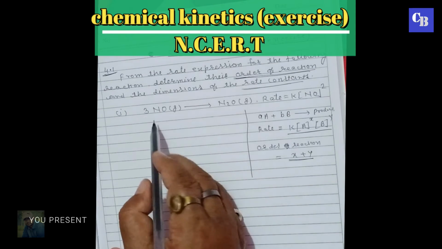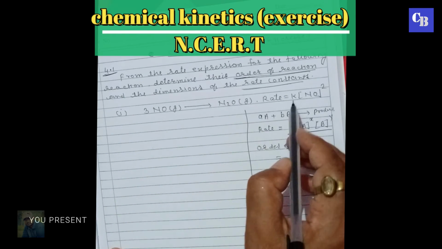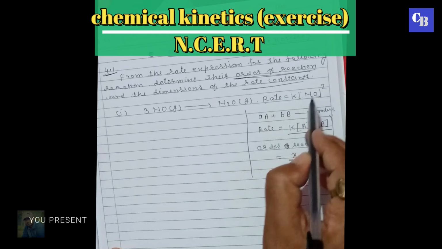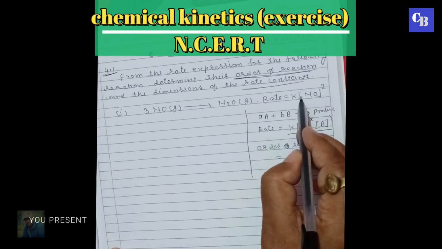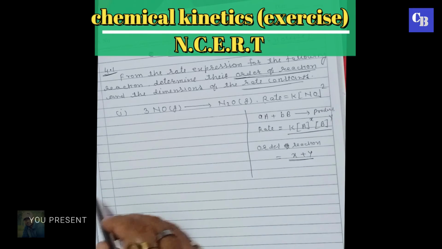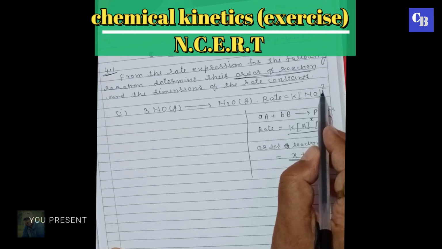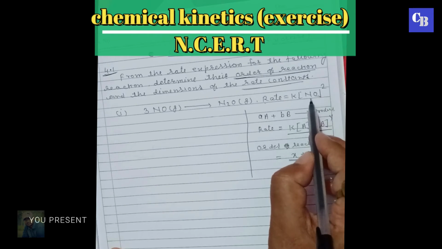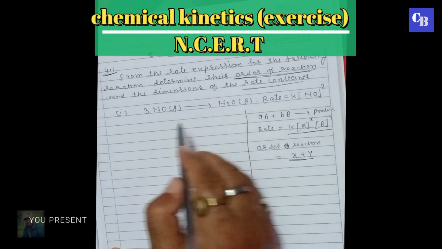So here you see that for this equation the rate expression is given: rate equal to k into concentration of nitric oxide to the power 2. So the exponent of the concentration of nitric oxide is equal to 2.